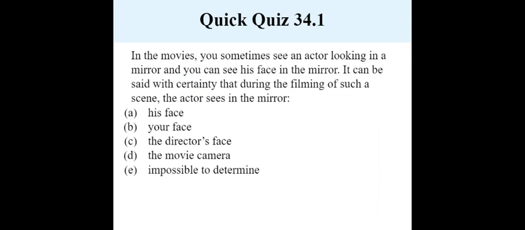The camera needs to see the reflection. So if the camera is pointed at the mirror, then the actor can see the camera in the reflection, standing behind them. He also sees his face. A is probably true. B is kind of creepy. C would just be a blooper. So it's just that if you want to film someone's face in the mirror, then they're going to be able to see you too.